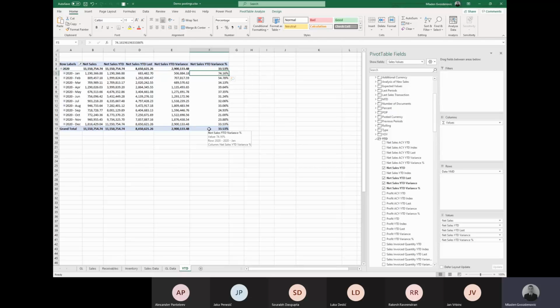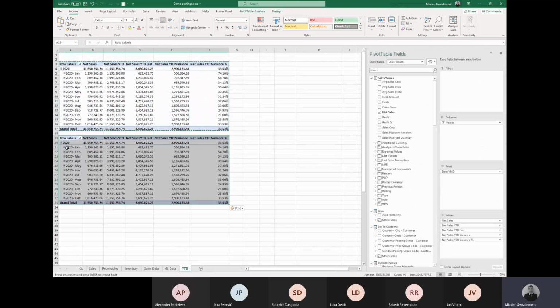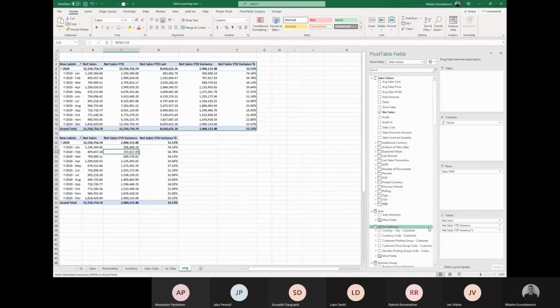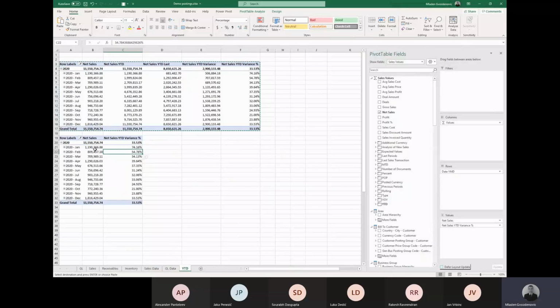So shortly, what I would actually need to manage my business would be just enough if I have net sales and year-to-date variance. It gives me the current information and cumulative comparison with previous year. Okay, so that is just enough.